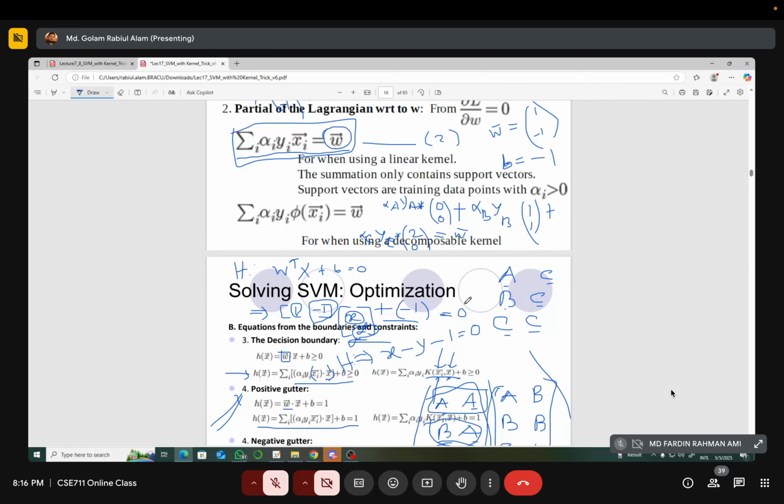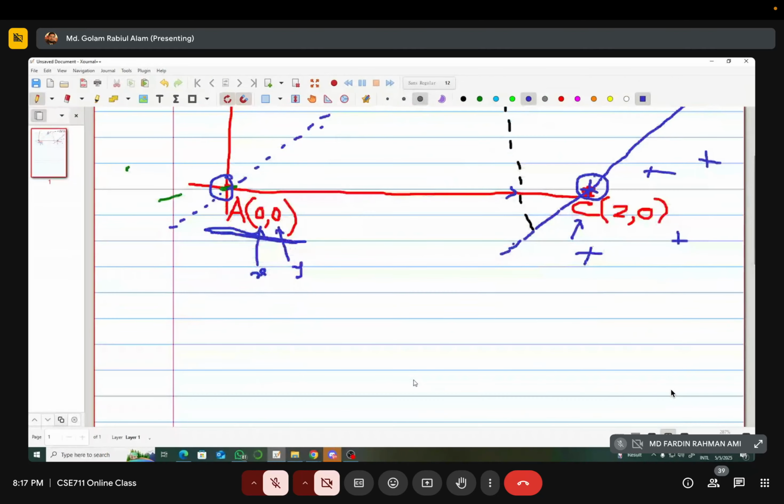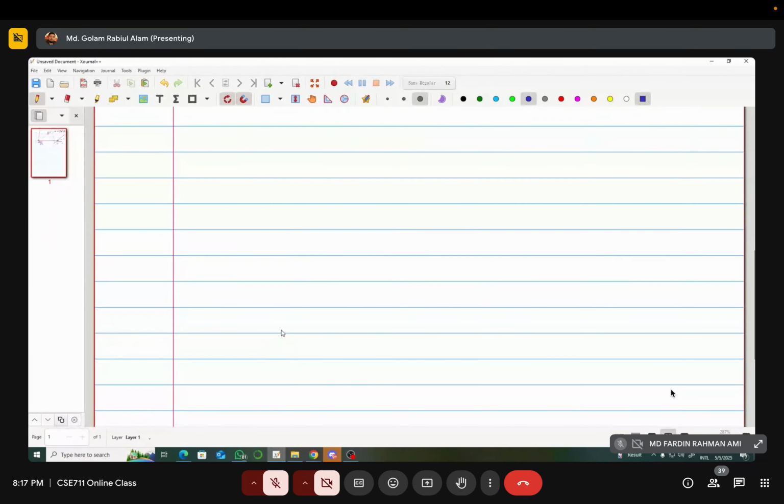So now we got the optimal value of w, the optimal value of b, and the equation of the hyperplane also. Then if we want to plot this equation in our data points, our equation is x minus y minus 1 equals 0.